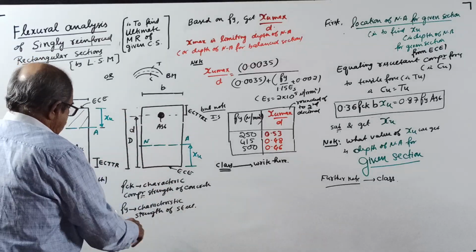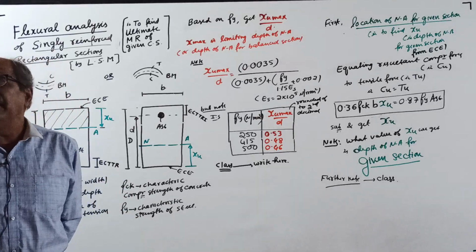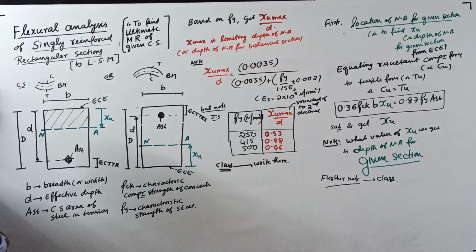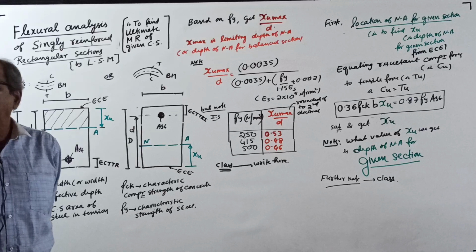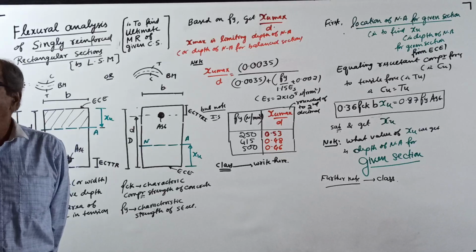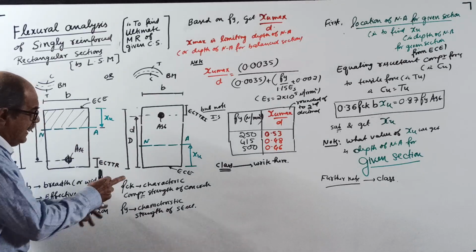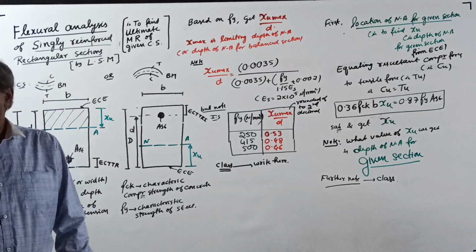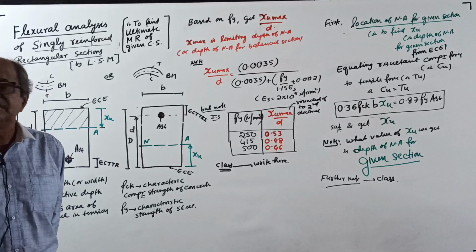Now, see, I have written here. You will be given the grade of concrete and the grade of steel; you should write that here. When you are asked to perform the analysis, the grade of concrete and grade of steel should be given. Based on that, get the value of fck, the characteristic compressive strength of concrete, or you can say the crushing stress on a test cube, lab result.